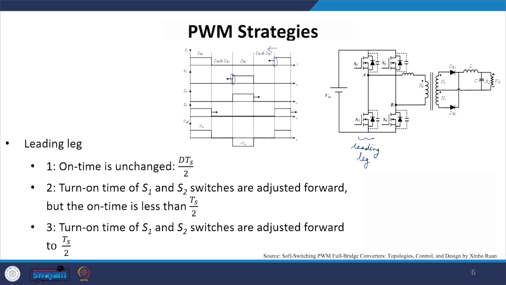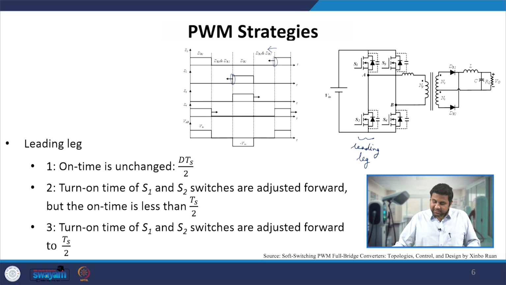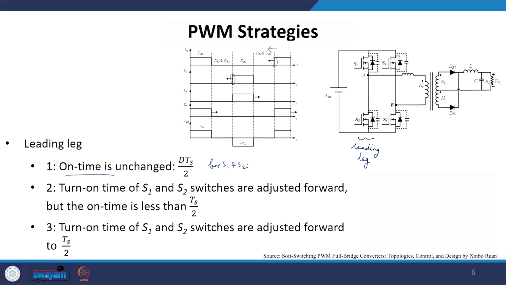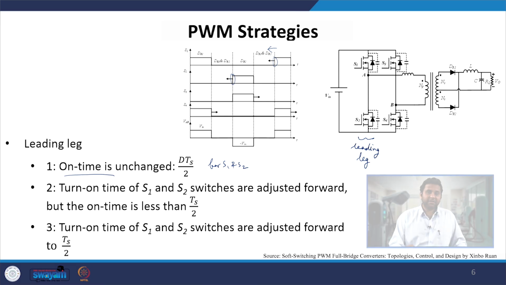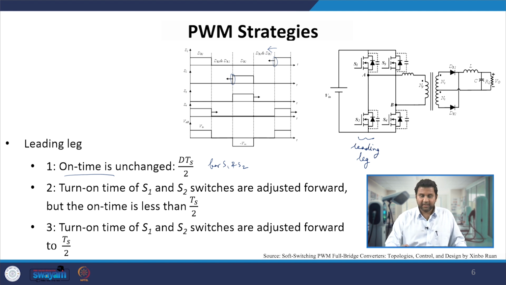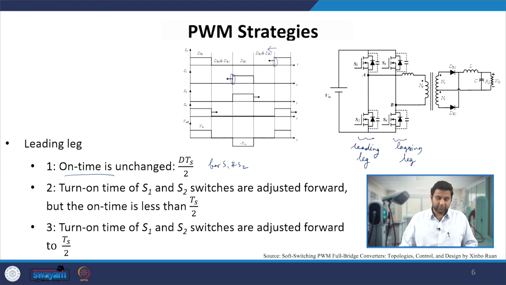So let us see what takes place in the leading leg. There are three possibilities. One possibility: you are not doing any change. Obviously the on time is still DTs by 2 for the S1 and S2 switches. You are not changing the leading leg. Again, when we are discussing the leading leg, we are not touching anything on the lagging leg, which comprises S3 and S4 switches.